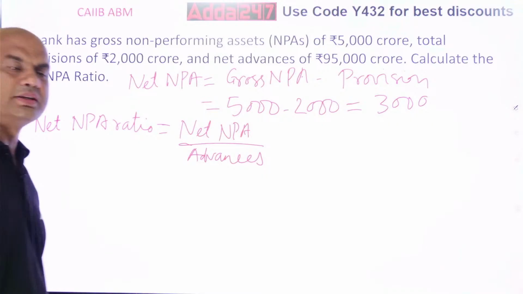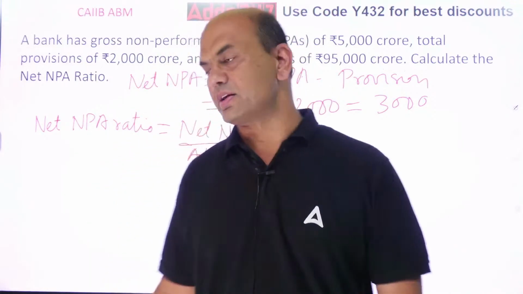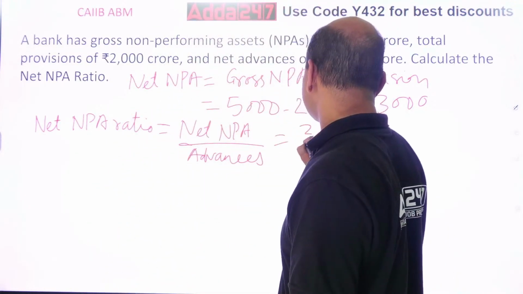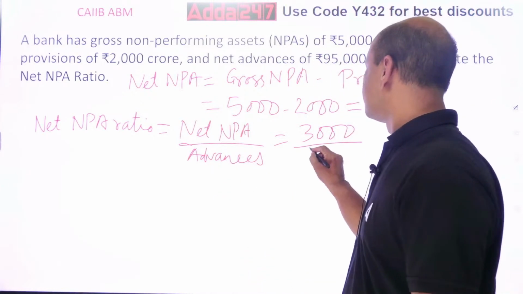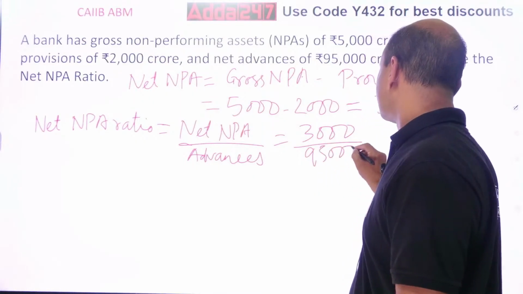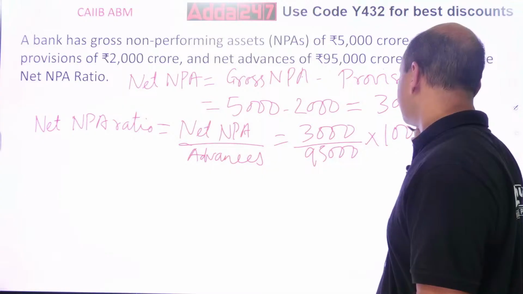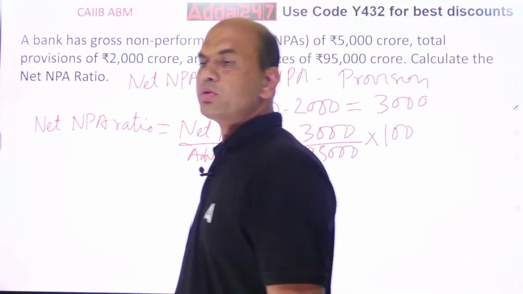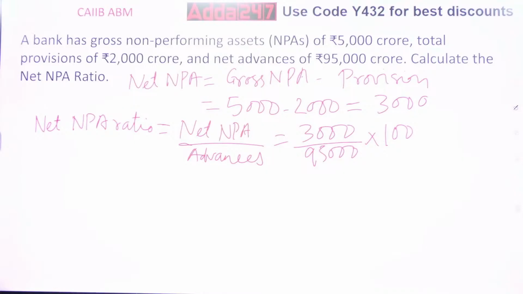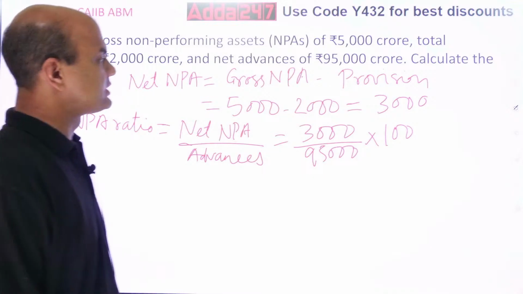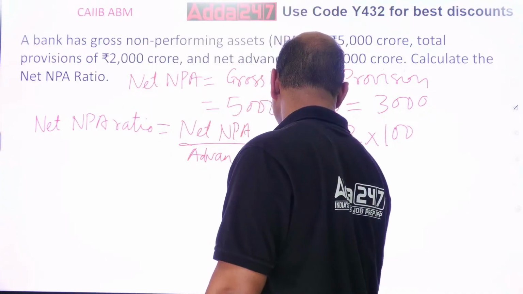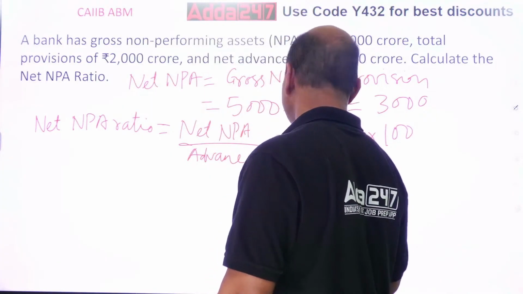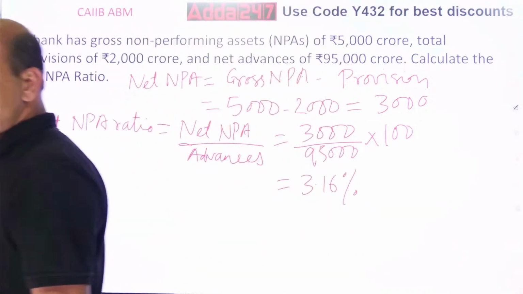So 3,000 is your net NPA, divided by advances of 95,000 crores, into 100, because you want it in percentage. So what will you get now? Do it, everyone. Net NPA ratio is 3.16%. Very, very, very important and basic numerical.